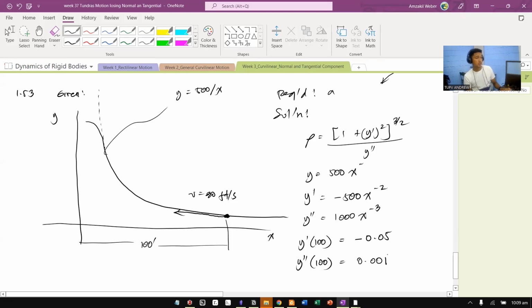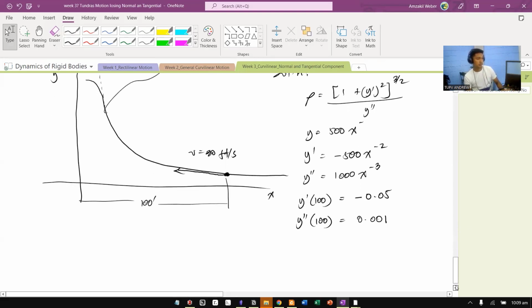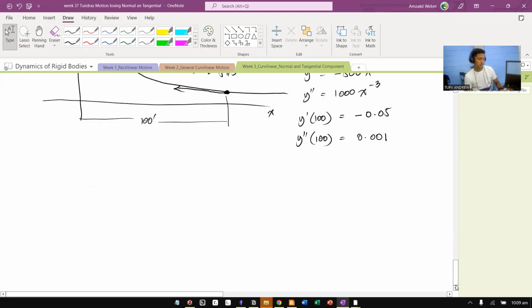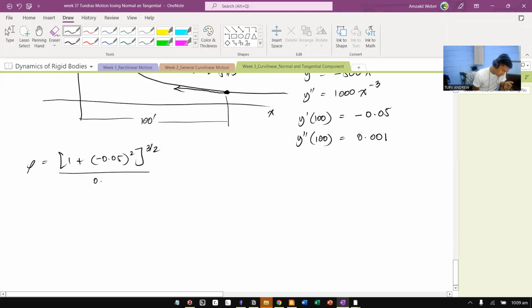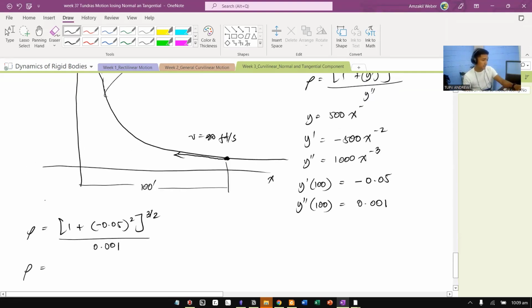So we can solve now for the radius of curvature. The radius of curvature is equal to 1 plus y prime, which is negative 0.05 squared, raised to 3 halves, divided by 0.001. The slope is almost flat, therefore the radius is large.